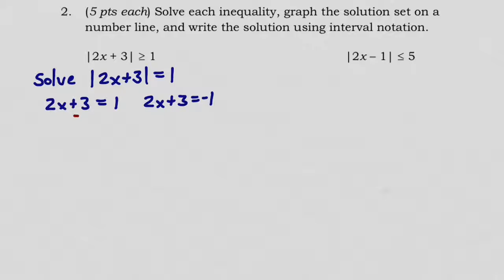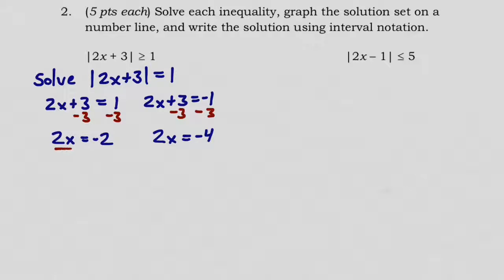Solving each of those, I first subtract 3 from both sides of each equation to get 2x equals negative 2 and 2x equals negative 4.